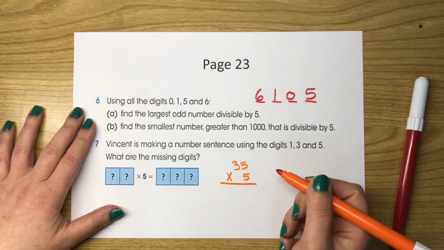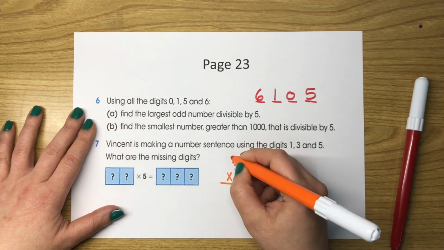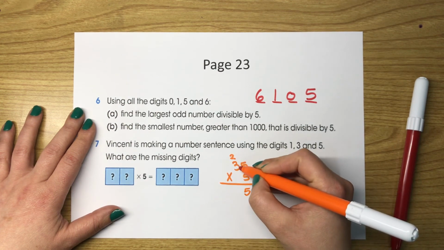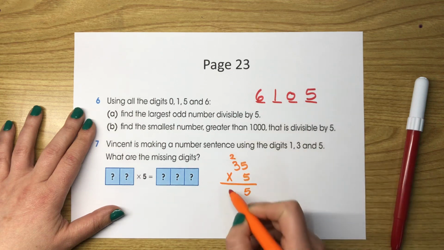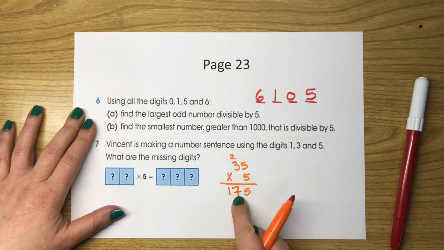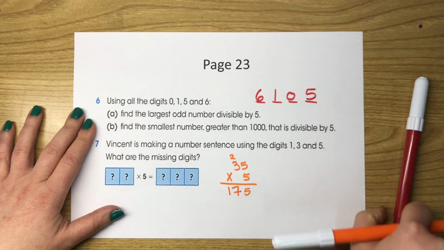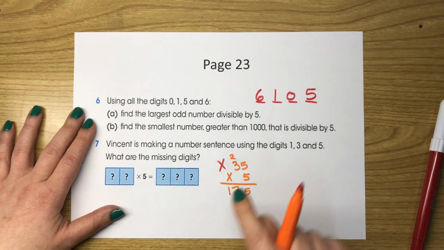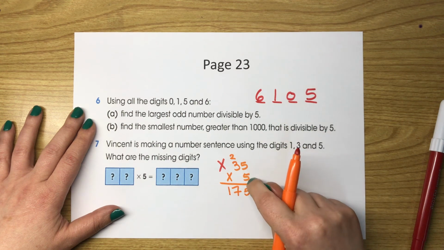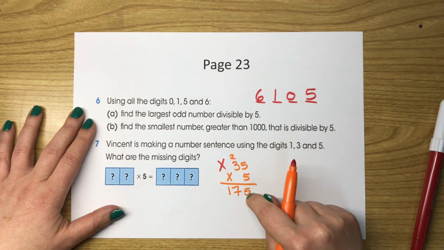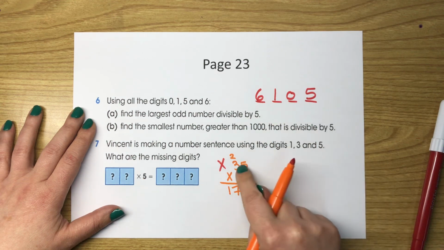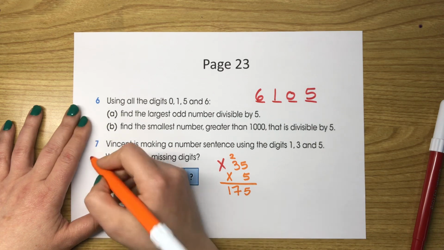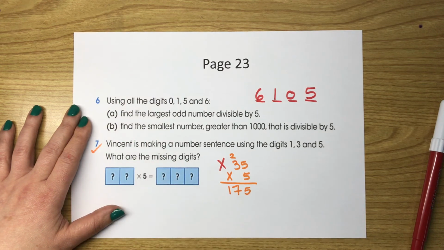Remember how we do long division? 5 times 5 equals 25. 5 times 3 equals 15. 15 plus 2 equals 17. Nope, there's a 7. So this one is wrong. Okay, hint, guys. Don't use a number that, when you multiply it by 5, you're going to have to regroup on the tens digit. This is my hint, guys. So try it at home and give me your answers.